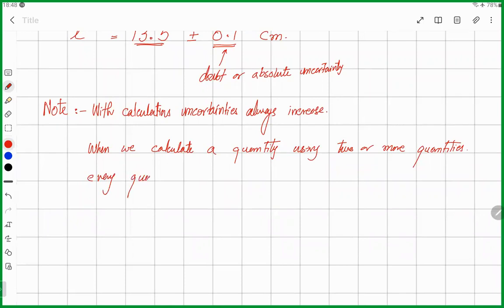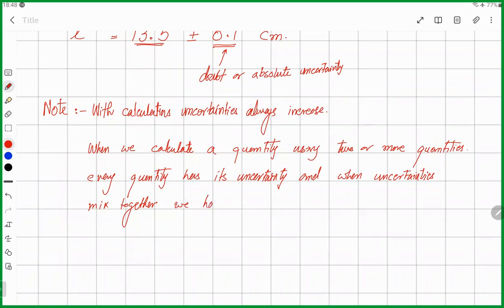Every quantity has its uncertainty, and when uncertainties mix together, we have more uncertainty.